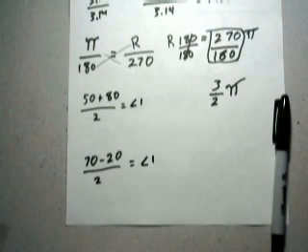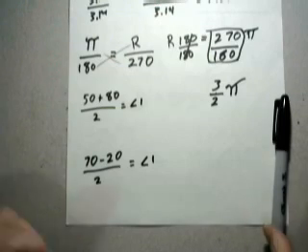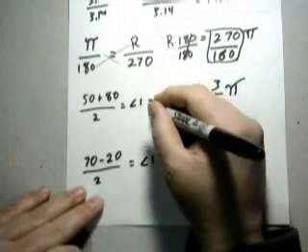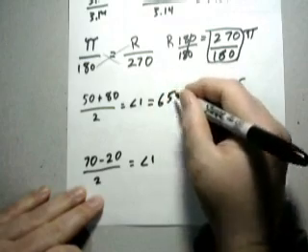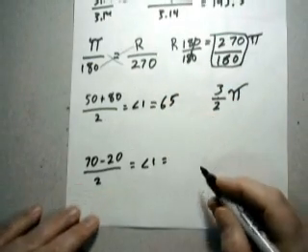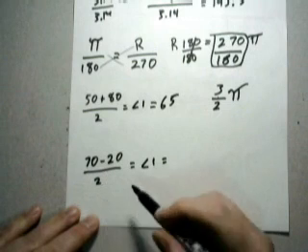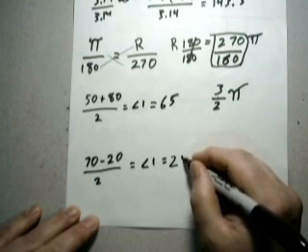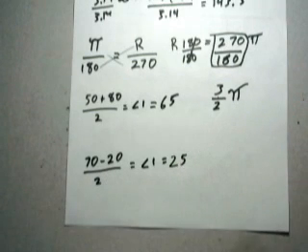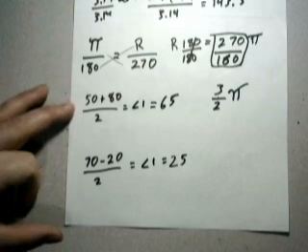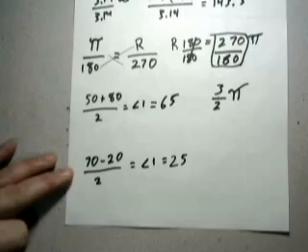So let's see here. 50 plus 80, 65. So this angle is 65. And this one is going to be 50 divided by 2, so that one is going to be 25. Okay, so interior angle, exterior angle.